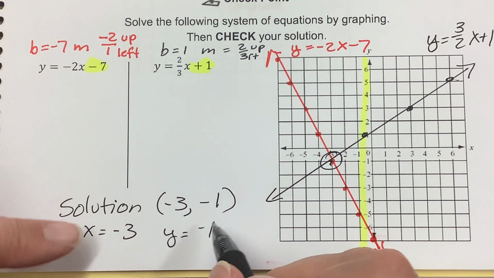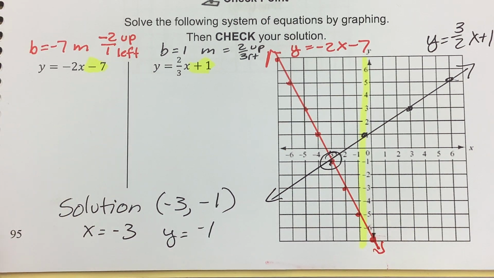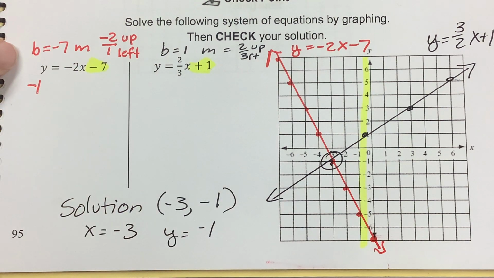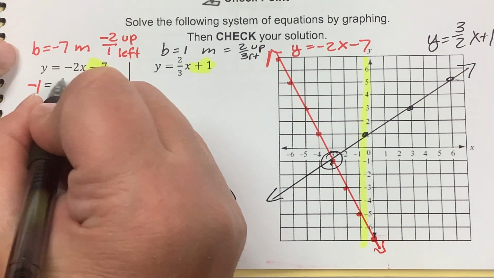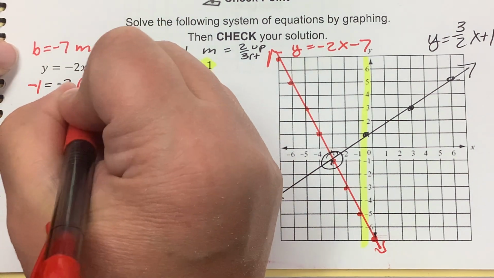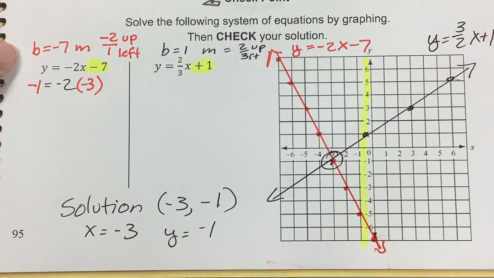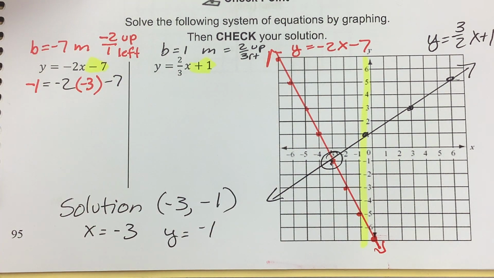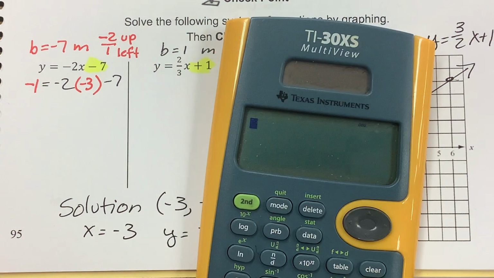So go back and I'm going to fill in x and y to check my answers. So y is -1. That equals -2 times -3 minus 7. There's a lot going on there. I feel like I really need to be looking at my calculator.